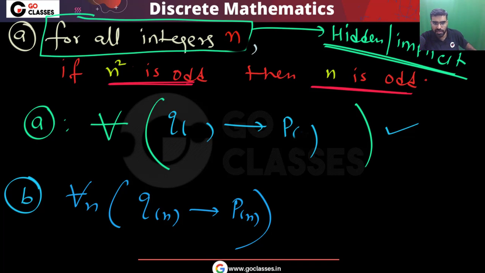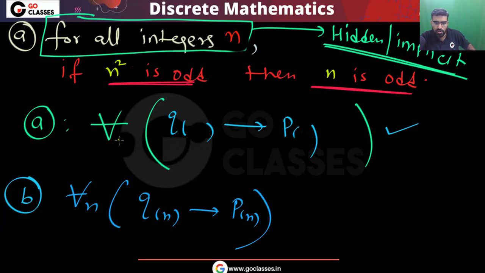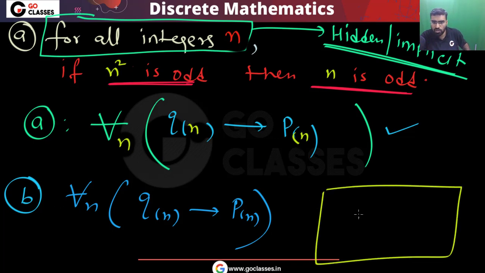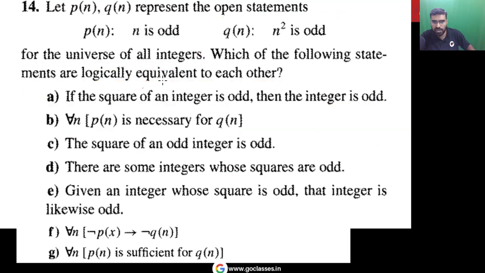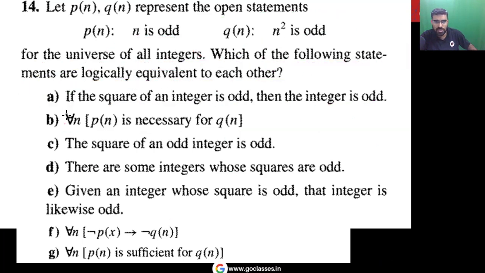So for all n, Q(n) implies P(n), right? This is your option A, and this is your option B. You can notice they are equivalent. So statement A is equivalent to statement B, and the question is asking which of the following statements are equivalent. So these two statements are equivalent to each other.